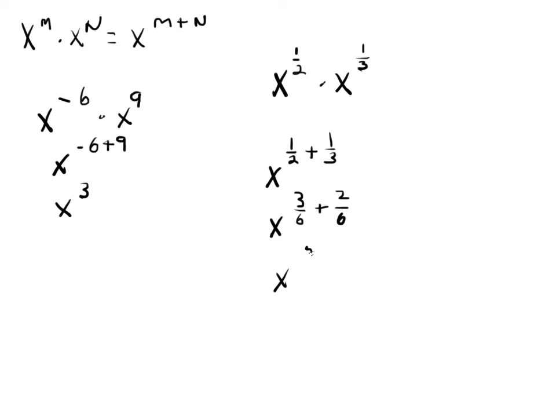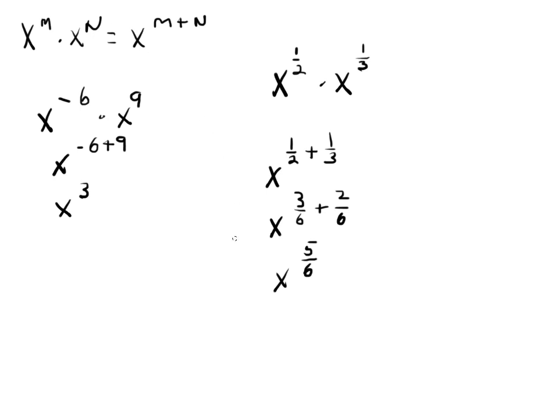So that gets us x to the 5 over 6 power. So the rule didn't change when we went to fractions. And in fact, that rule for the multiplication of expressions with a common base is going to be add those exponents no matter what those exponents are.